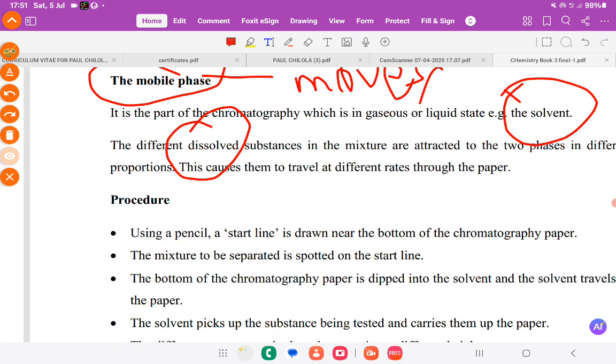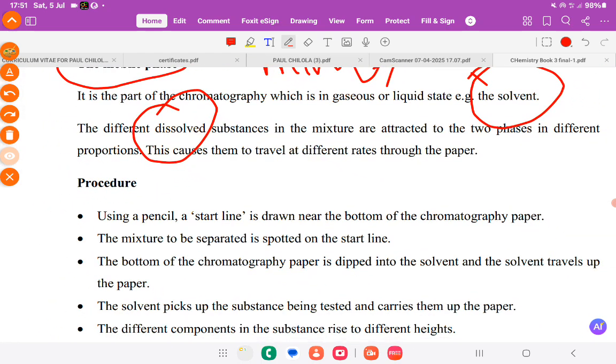Take note, this is an experiment. In paper 2 of your chemistry paper, they may ask you to describe an experiment that could be done to show that a particular substance is made up of different pigments. Just know that you're talking about chromatography.